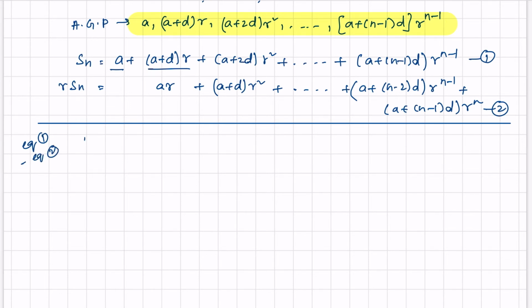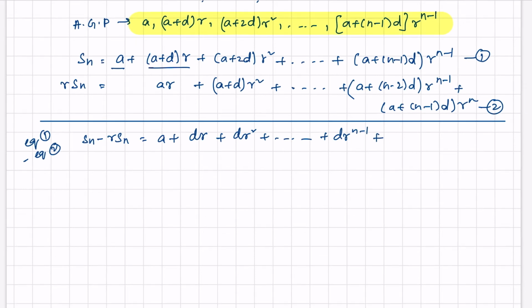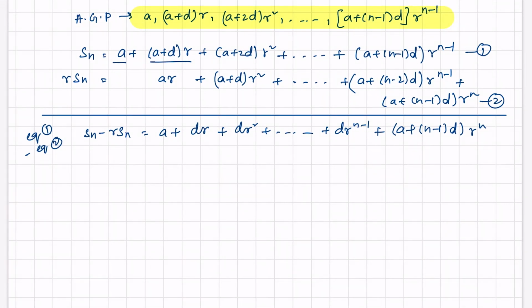We get Sn minus r Sn equals a plus d into r plus d r square plus and so on plus d into r power n minus 1 minus a plus n minus 1 into d r power n. Now we can simplify this equation.